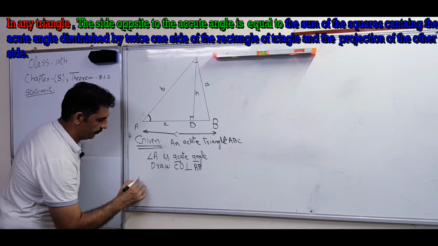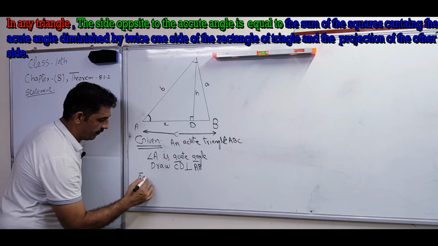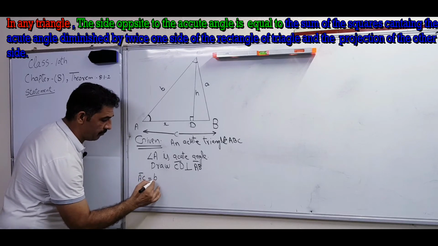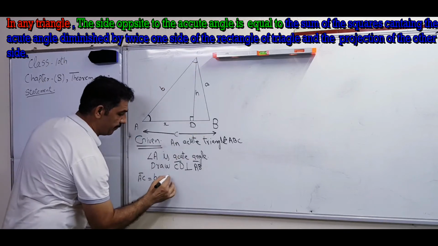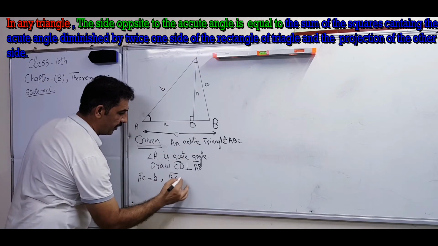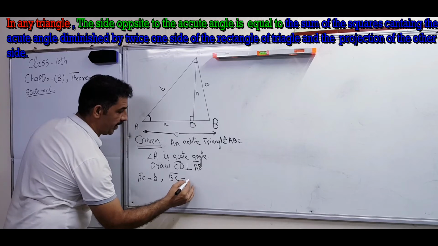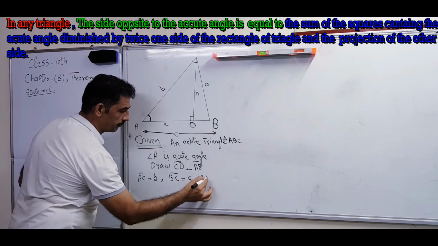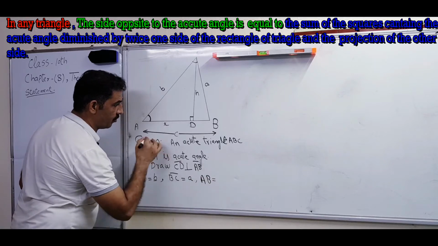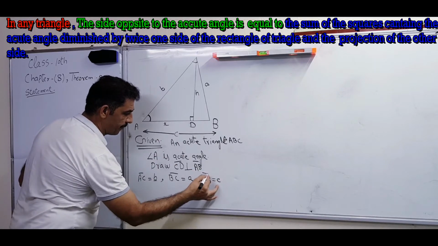AC is equal to b, BC is equal to a, AB is equal to c.